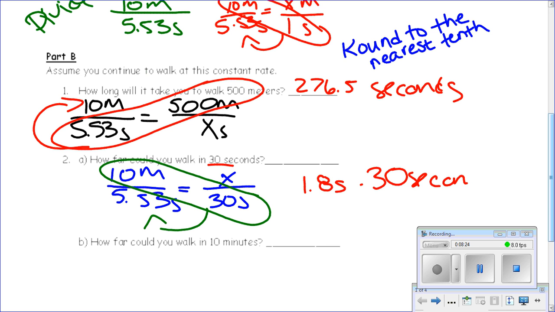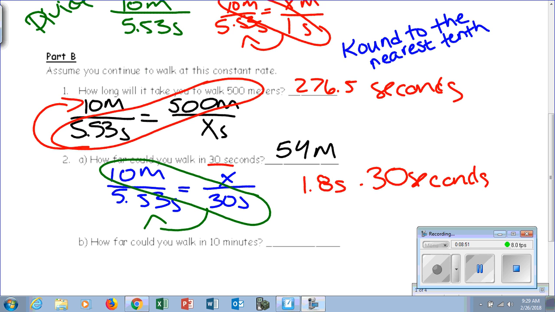We can do that because these are both in seconds here. 1.8 meters per second and 30 seconds. So, cross multiplying and dividing or multiplying this, both is the same thing. It's just written differently. So when I do this, it would give me 54 meters.